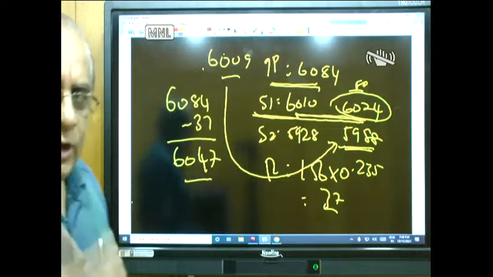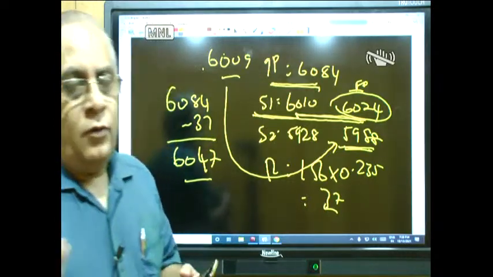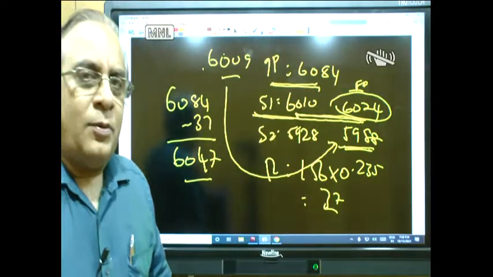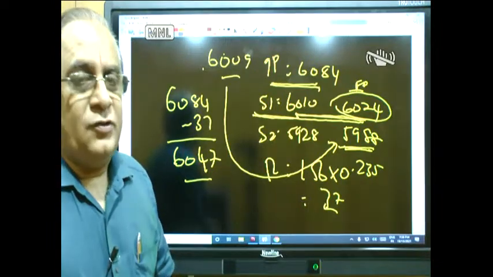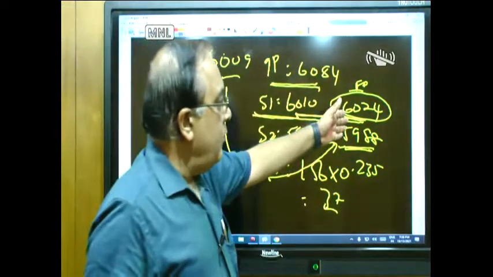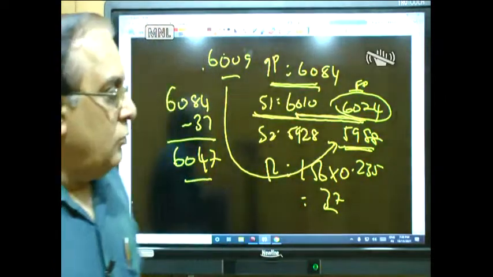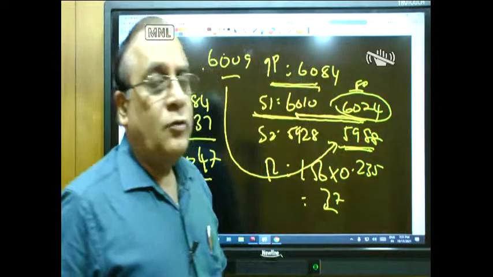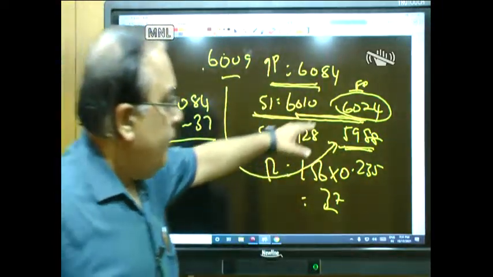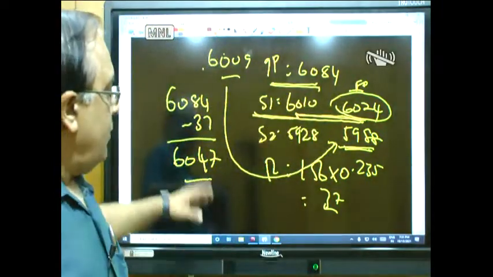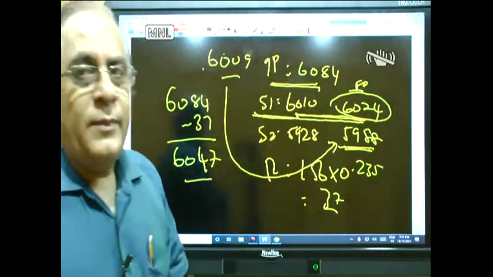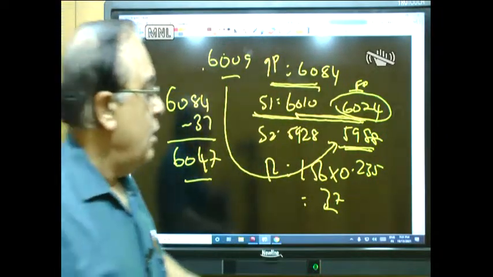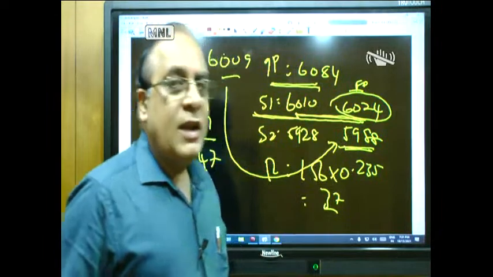But crude being a very volatile commodity, it is better to take a slightly higher stop loss, otherwise you may get stopped out very fast. So on a break below 6047, you could have kept a stop loss above 6084. On a break below 6024, you could have kept a stop loss at 6047, or maintained it at 6084, and the first support came at 5988.